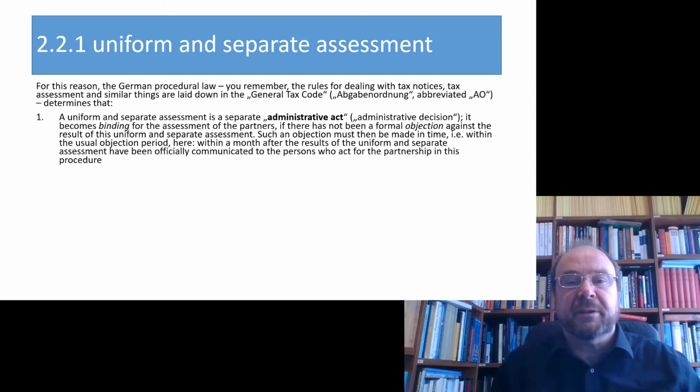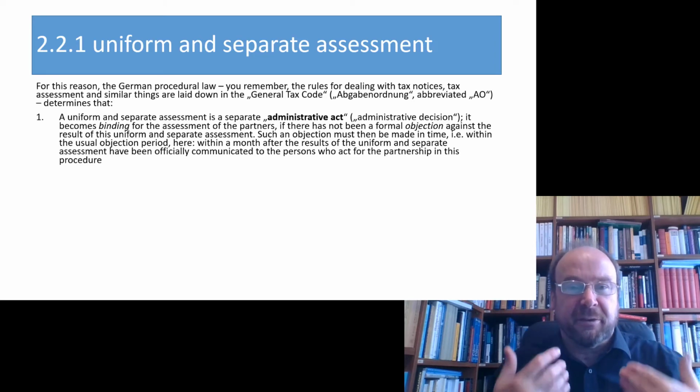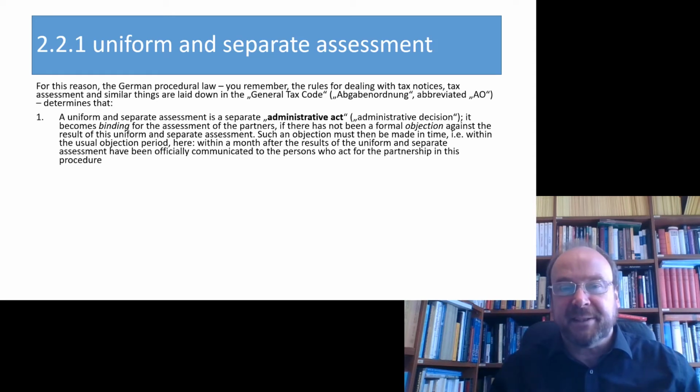And as you already heard in the General Introduction to Tax Law lecture, an administrative act, something which a state authority decides, is binding and remains valid if you do not object against it in time. So even if it's wrong, if you are ordered something, it is always assumed that what an authority orders is in compliance with the law.